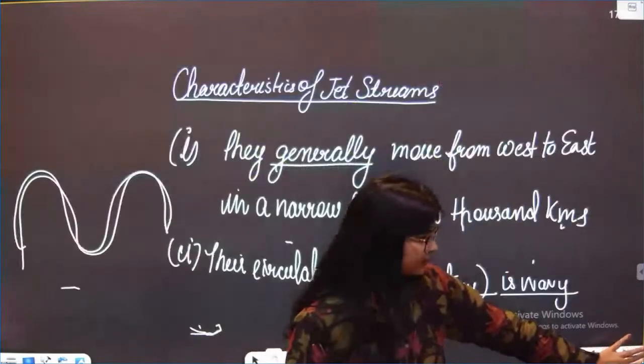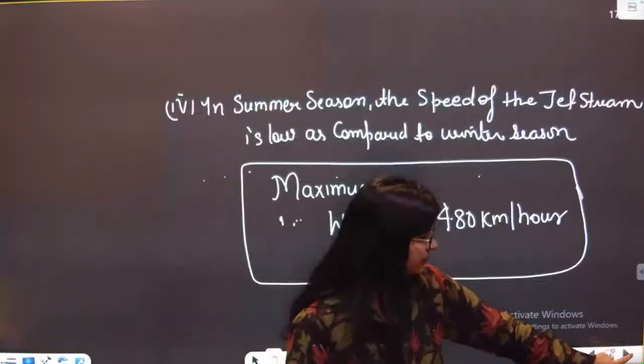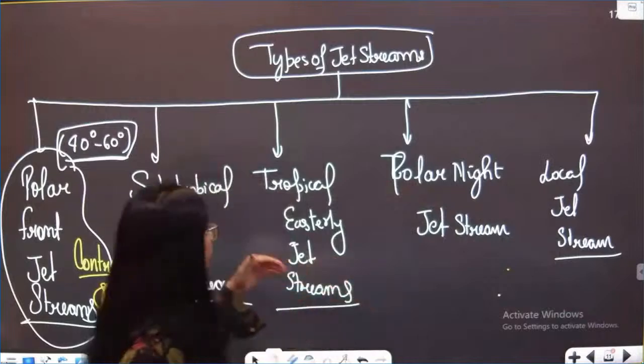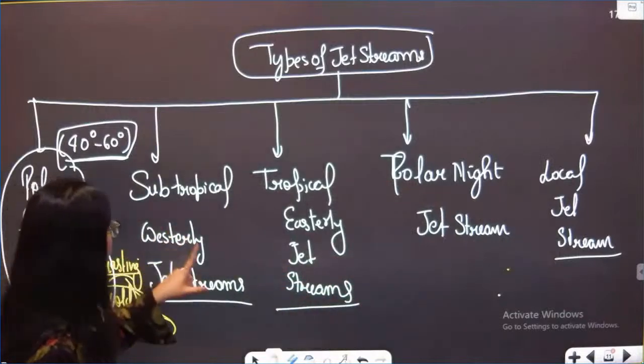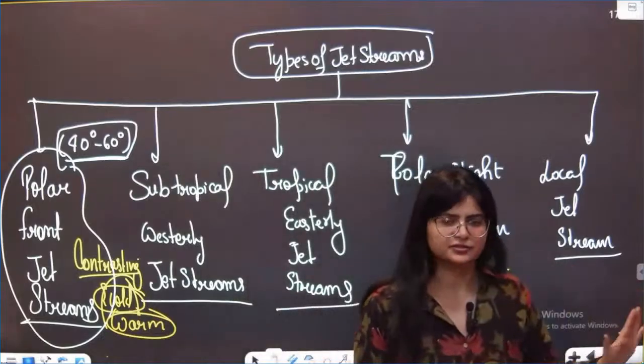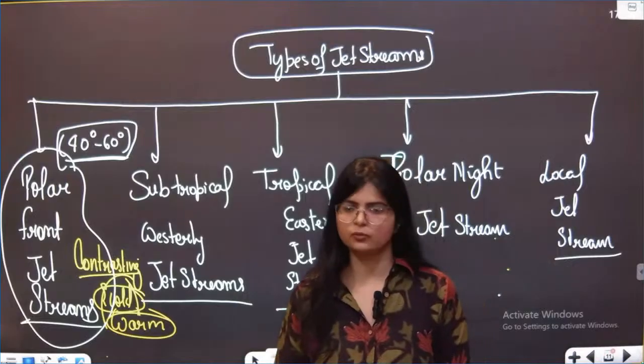Next we discussed characteristics, and then we had a look at the types of jet streams. What are they? They are polar front, subtropical westerly, tropical easterly, polar night jet streams, and local, right? And then we have done the significance of jet streams. I hope it's clear to you, right?